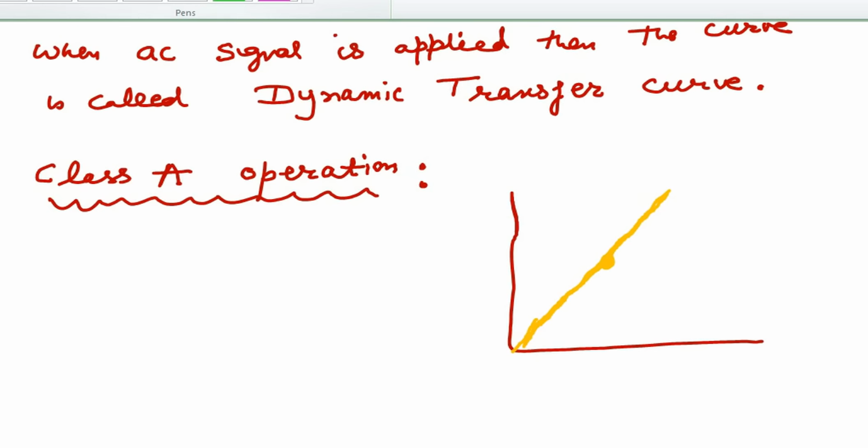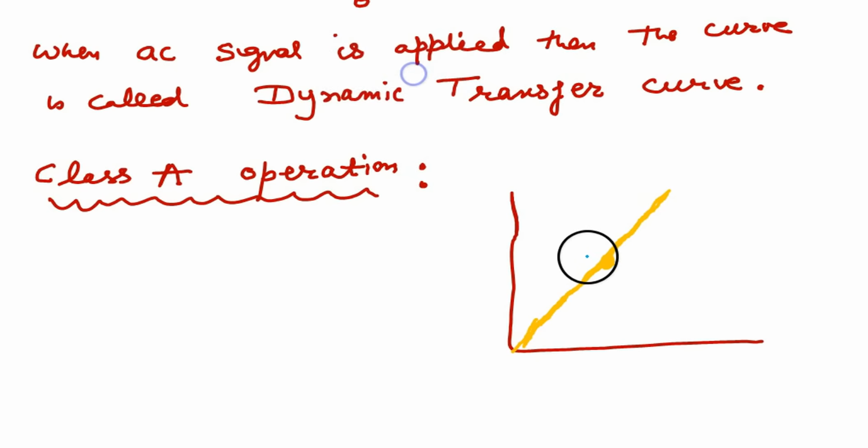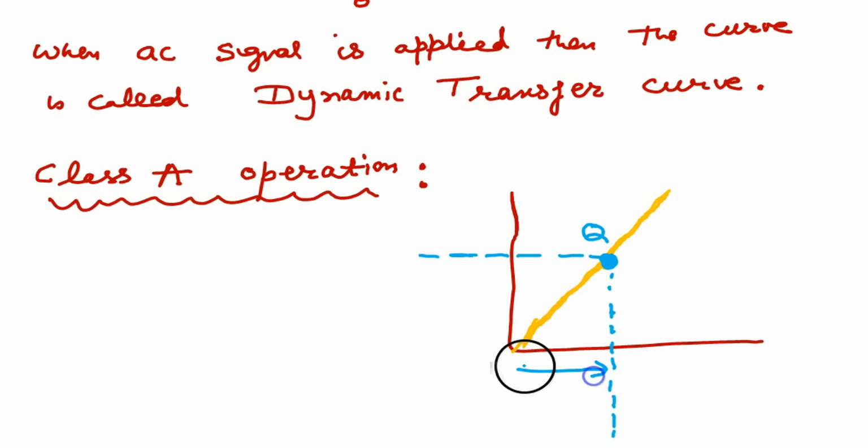We choose the middle point of it. The middle point is called the Q point, that is the operating point, the quiescent point. For the Q point, the voltage is VB, and the collector current flowing is IC, both capital letters.